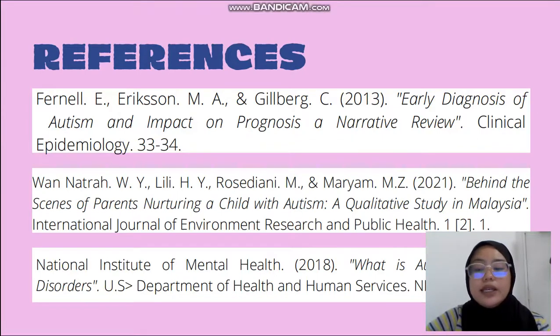The second is behind the scenes of parents nurturing a child with autism, a qualitative study in Malaysia, from International Journal of Environment Research and Public Health. The last but not least is what is autism spectrum disorder. So these are a few of the references that I use.